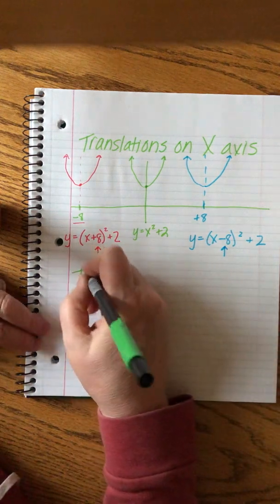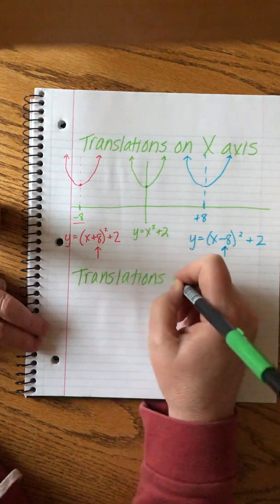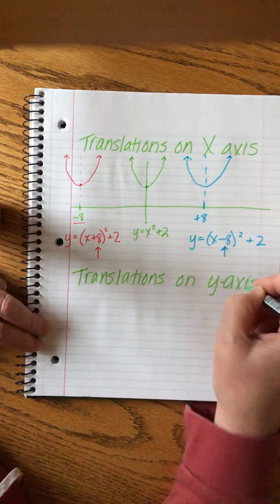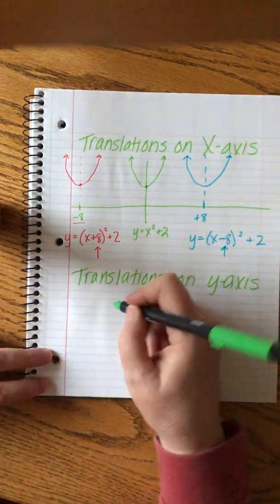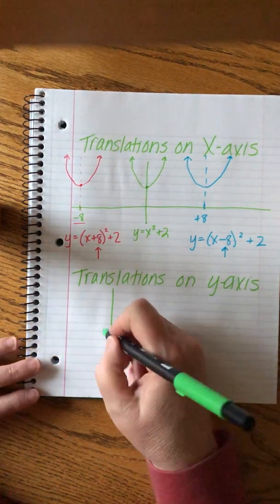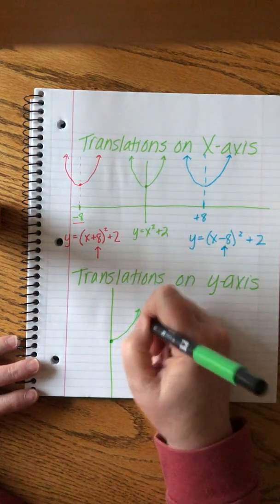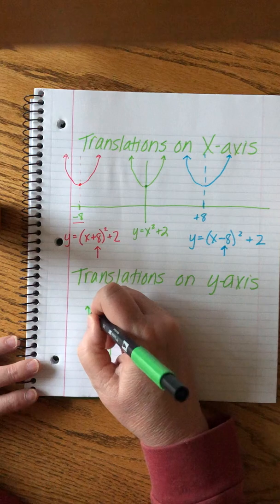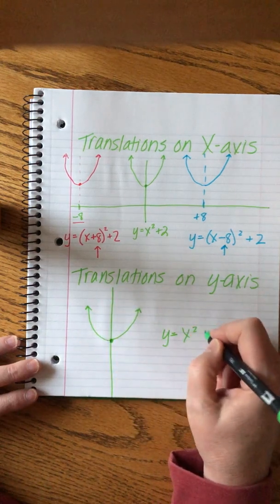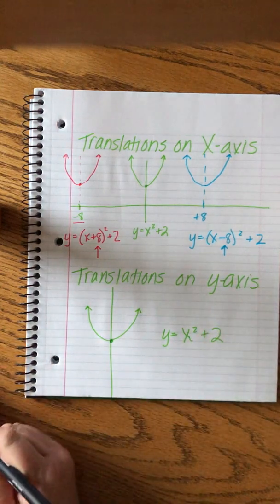To translate on the y-axis, so here's our y-axis. And again, we're going to start with our original point in the middle, or original function. That's in green. And this is y equals x squared plus 2. And let's say we want to move it up.